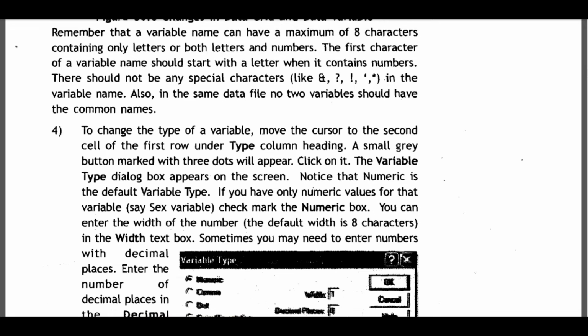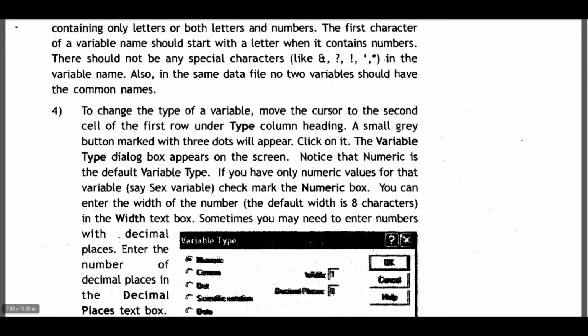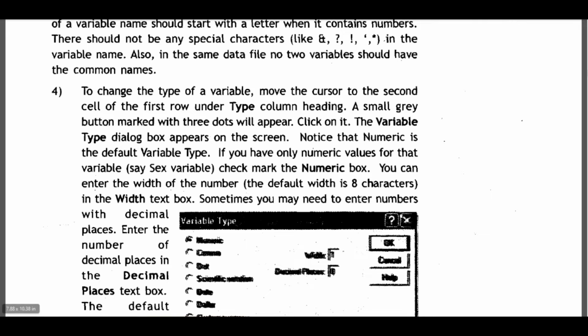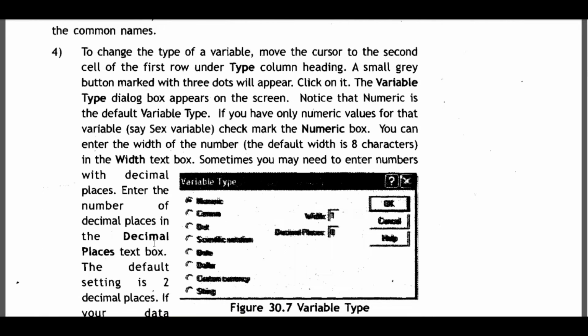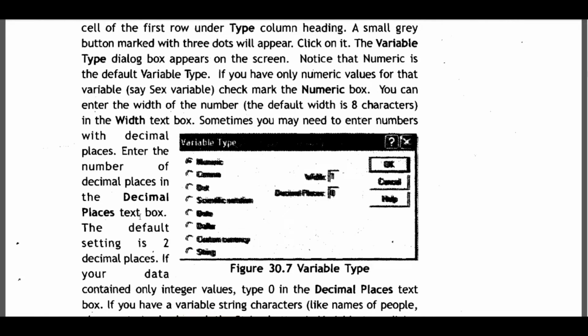If you have only numeric values for that variable, say the sex variable, check the numeric box. You can enter the width of the number, the default width being 8 characters, and sometimes you may need to enter a number with decimal places; enter the number of decimals in the decimal places text box.